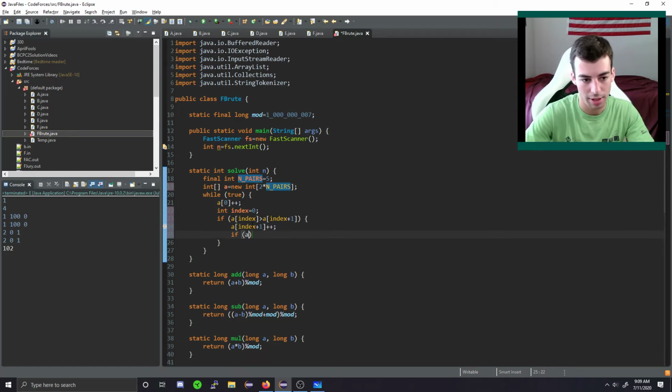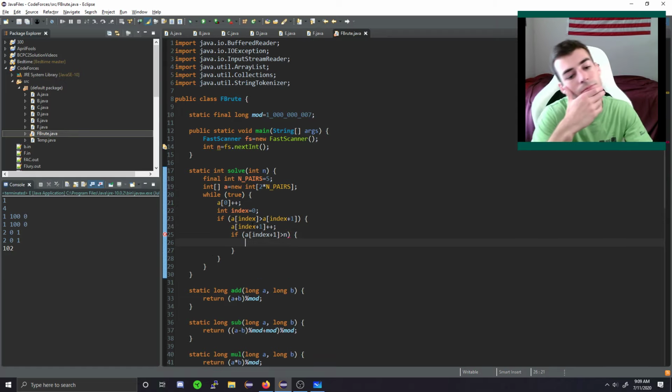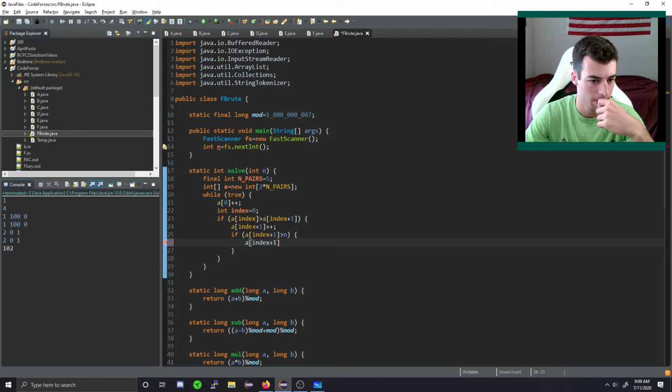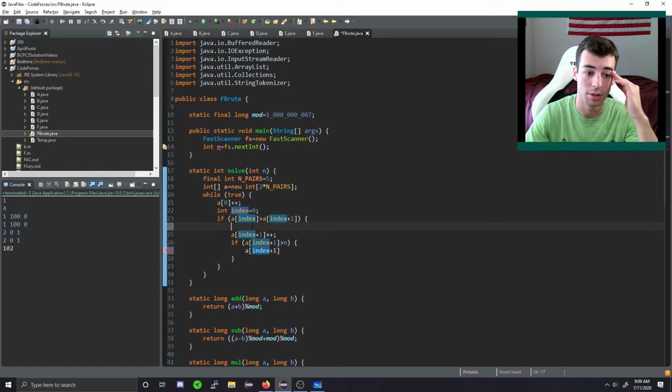Okay, now if a at index plus 1 is greater than n, the next thing is bigger than n, then a at index plus 1... oh wait, what do we do here? Then we set ourselves to 0. A at index equals 0.